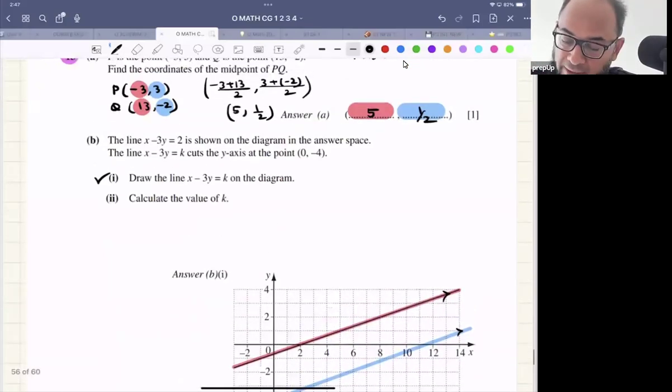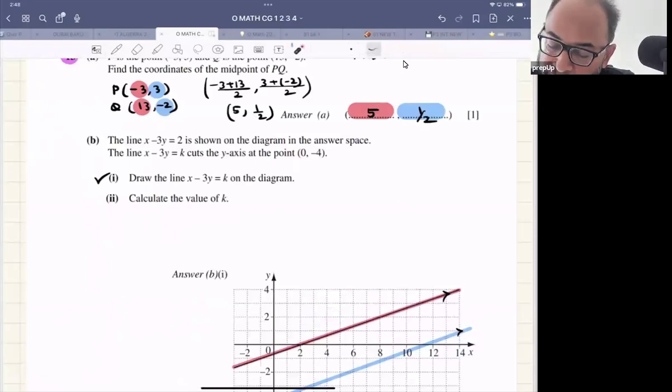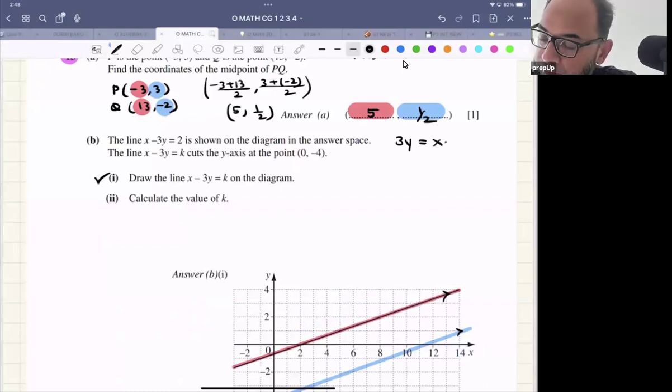How do I know they are parallel? Because these coefficients are exactly the same. That's one way. The other thing is that, let me write it like this. 3y is equals to x minus 2, and y is equals to 1/3 x minus 2/3.